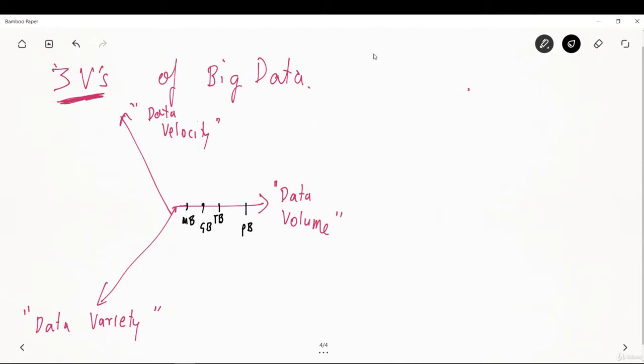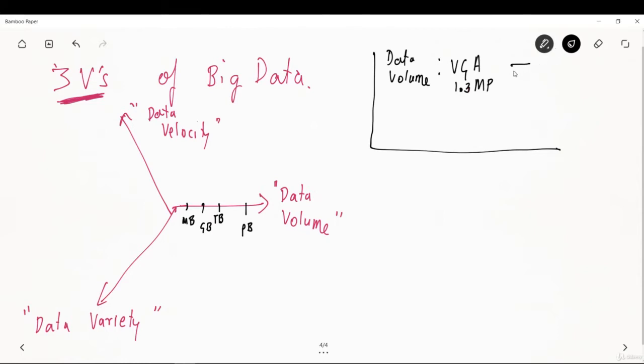Let's go back some time in history. Let's go back to when you had, let's say, VGA cameras or 1.3 megapixel cameras. These cameras generated a small amount of data; whenever you clicked a photo, it would be around 500 KB or 600 KB and so on.